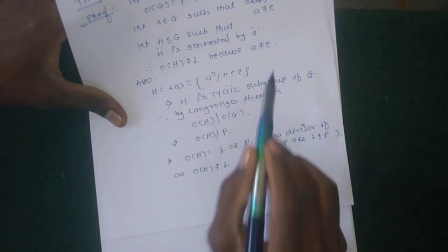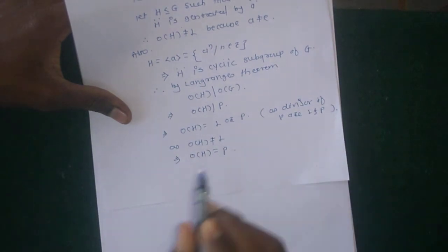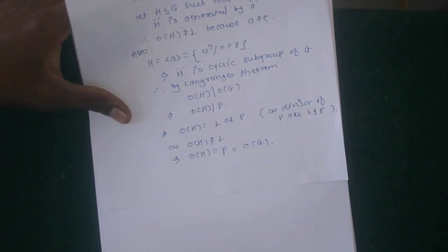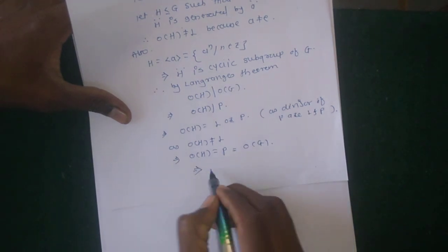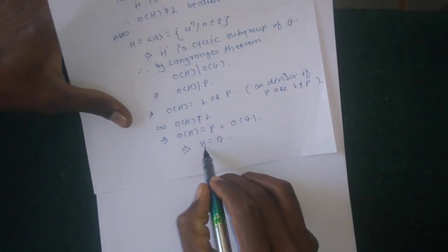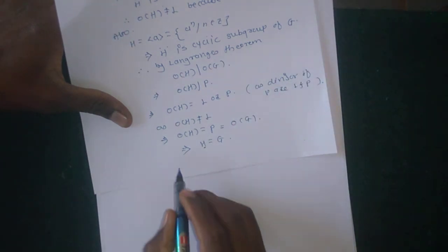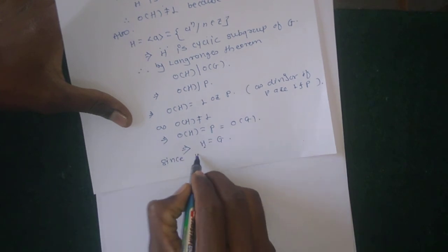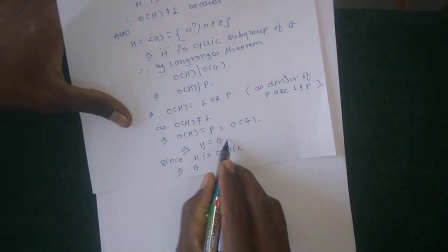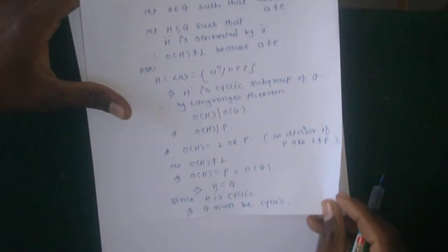Because H is generated by a and a is not equal to the identity, which implies that the order of H must be p, which is equal to the order of G. The order of H and the order of G are the same, which implies that H is equal to G. H is a cyclic subgroup of G, and since H equals G, G must be cyclic.